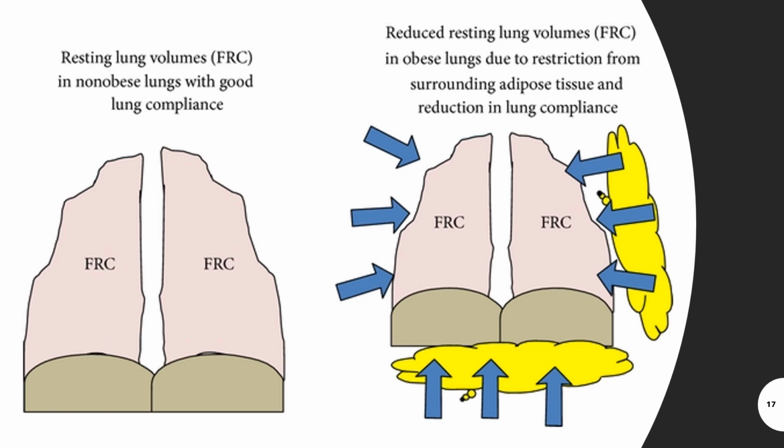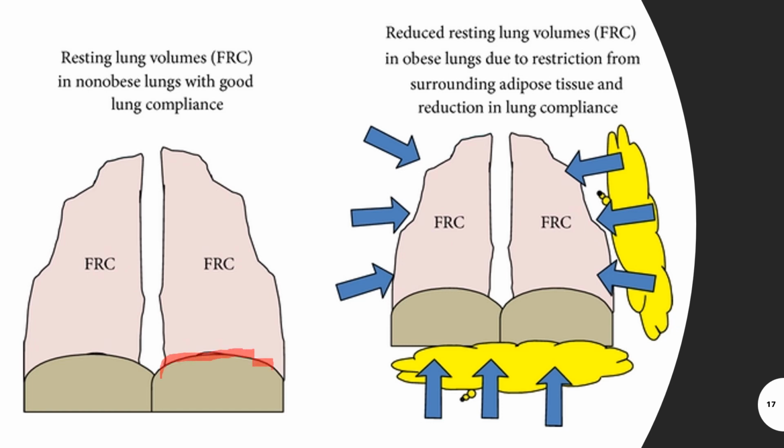Before we go much into how to ventilate a patient who's obese, I wanted to give you a quick look at the lungs and the impact of adipose tissue on the lungs. On the left, you have a normal lung. You have your diaphragms over here, and you have your normal lung field.